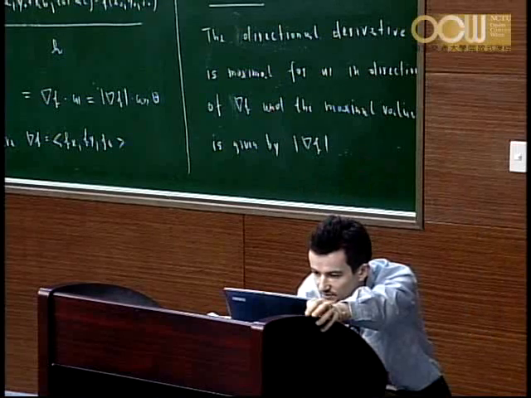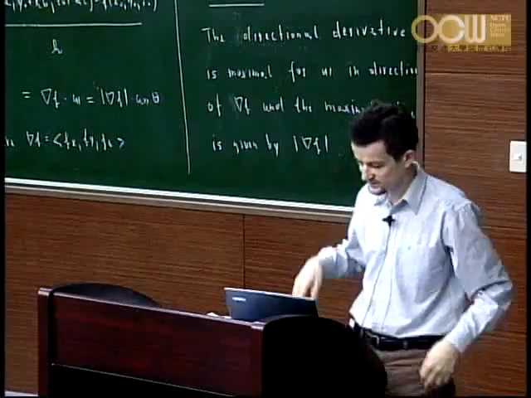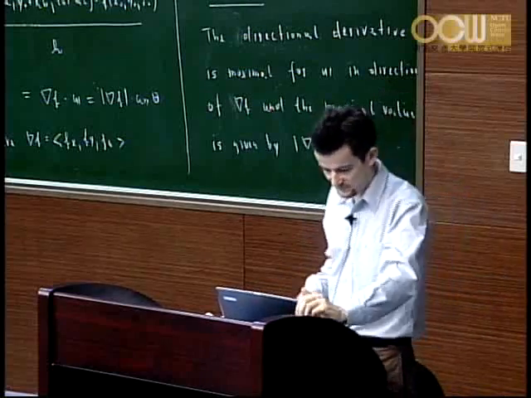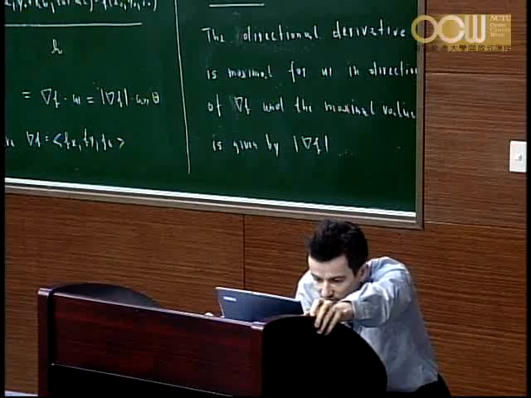Now you see we need the multivariable tools. This is our textbook here. You have quite a lot of tools on the disk. I'm not sure whether you even looked at it. For some tools, I think you can get some hints for homework assignments and so on.